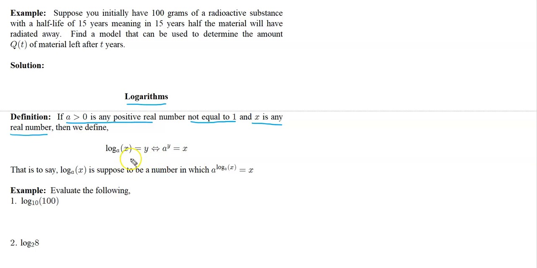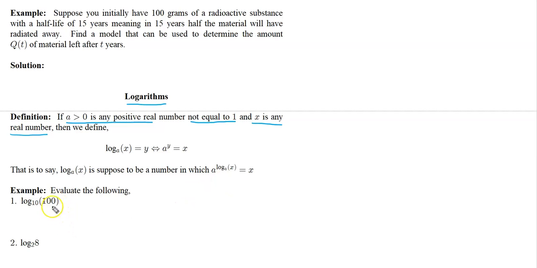So in other words, the log base a of x is supposed to be a number y in which a to the y equals x. Or we could even write it like this down here. A to the log base a of x gives you back x.